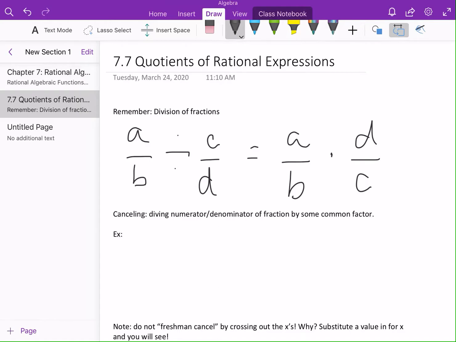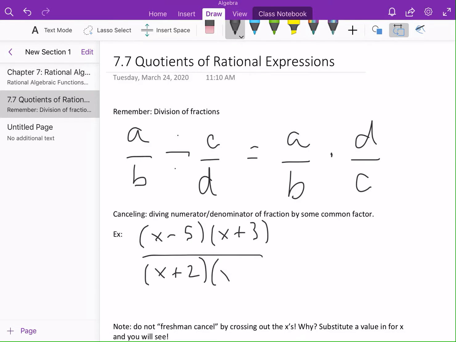In this section, we're going to be looking at how we can cancel, and that is dividing the numerator and the denominator of the fraction by the same common factor. An example of this, if we take x minus 5 times x plus 3 all over x plus 2 times x minus 5.